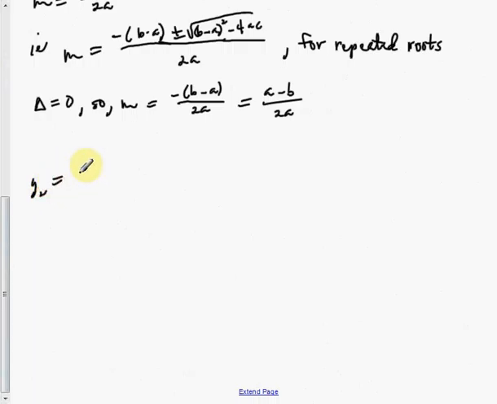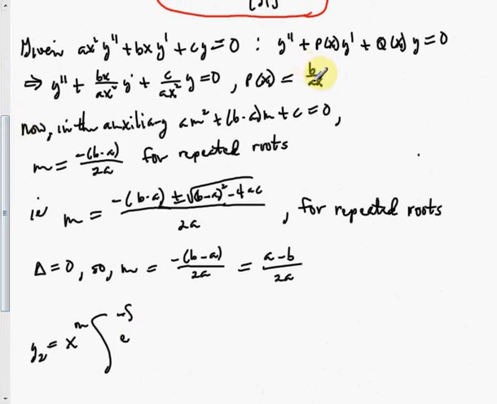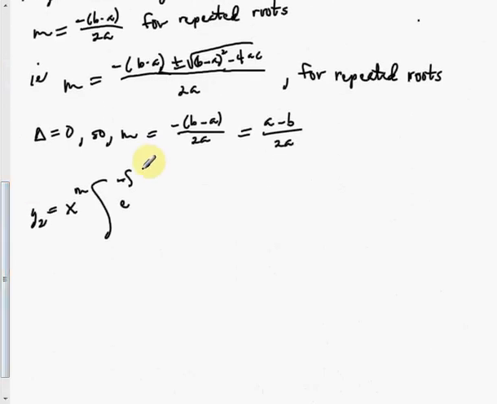So y sub 2 is equal to x to the m times the integral of e to the negative integral of p of x, and p of x is b over ax, dx, and that's divided by x to the m squared, or x to the 2m, dx.